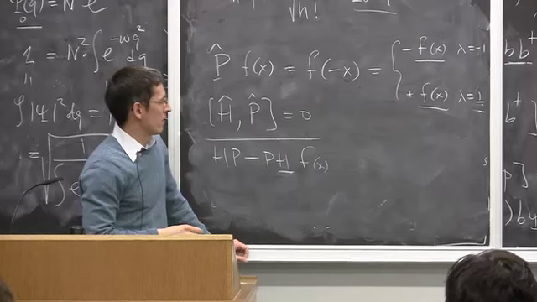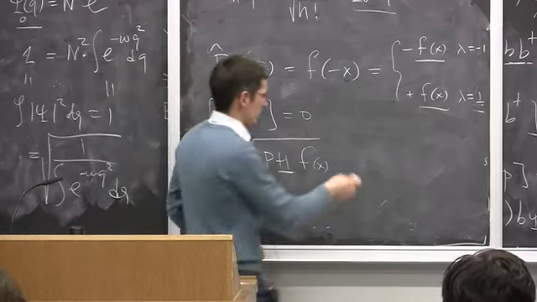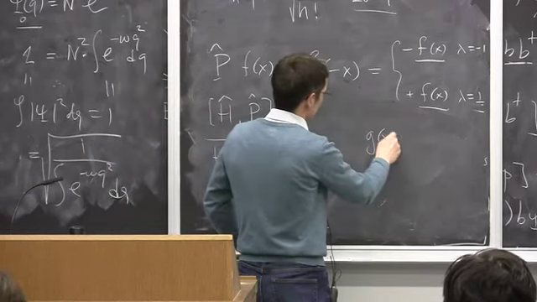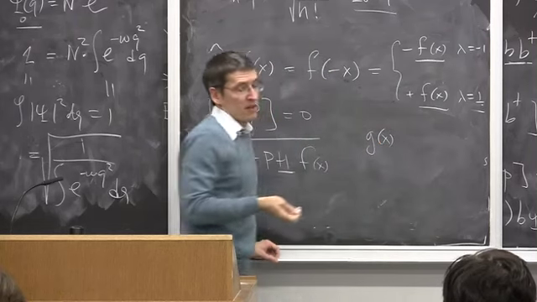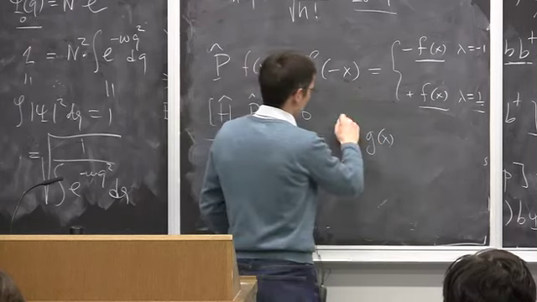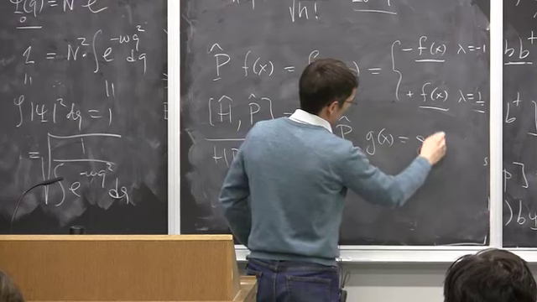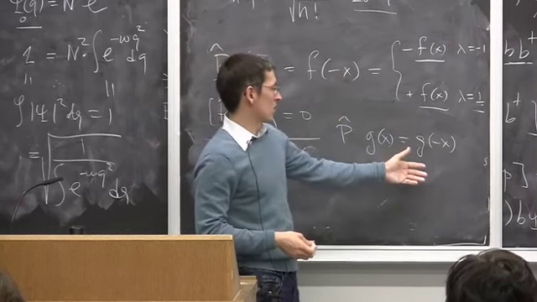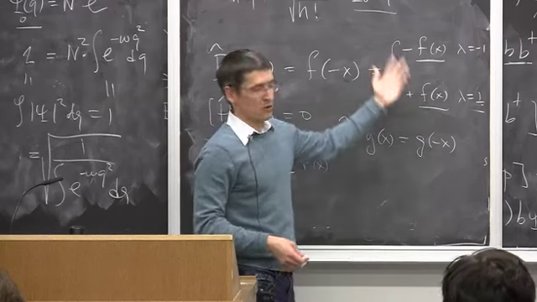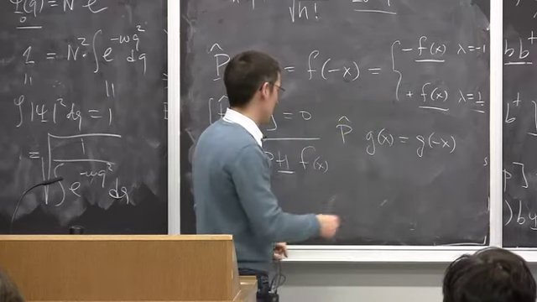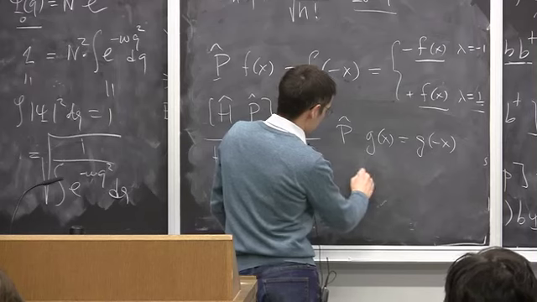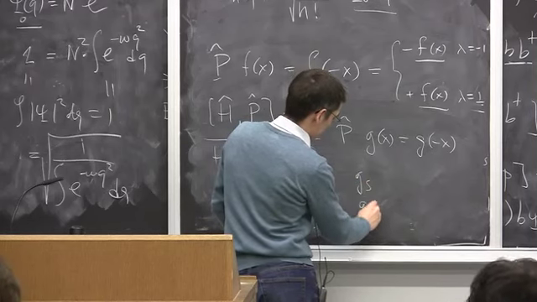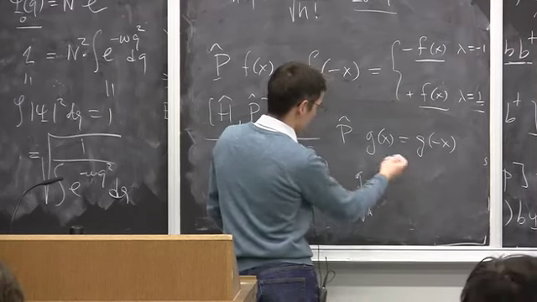Okay, and then take any random function, say g. When you change the sign inside of that function, it's not going to be the function itself with a plus or minus sign. It's random, right? But you can always make a symmetric and antisymmetric combination for any function.